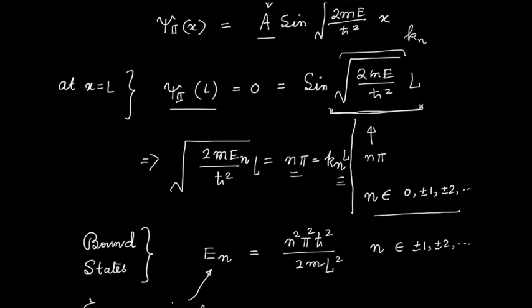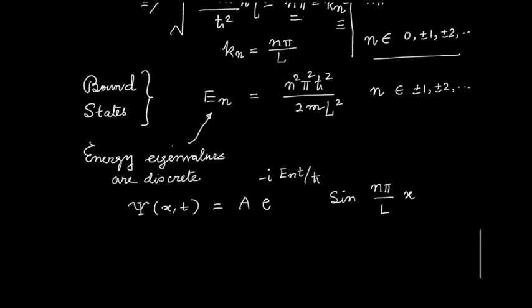So n pi is equal to kn L. So kn I can replace by n pi by L. So that's what I have done here, n pi by L times x.